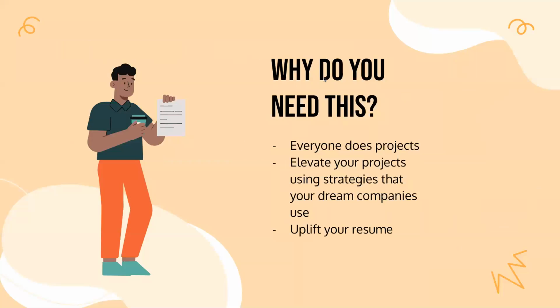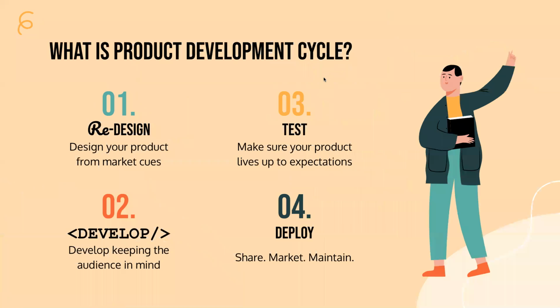So what are the stages in the product development cycle? There's designing, developing, testing, and then deploying. There's also a fifth hidden step that we'll get into later, but here are the four main steps: design, develop, test, and deploy.